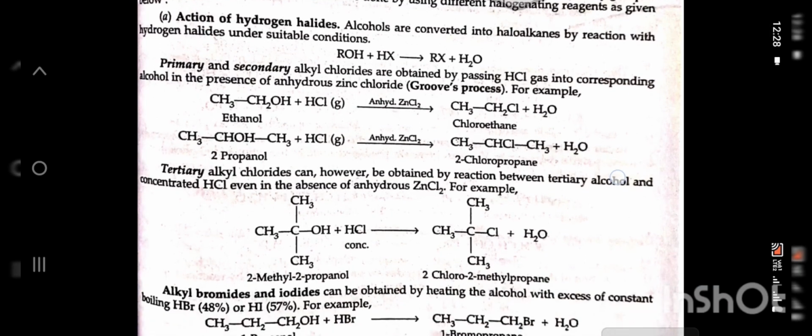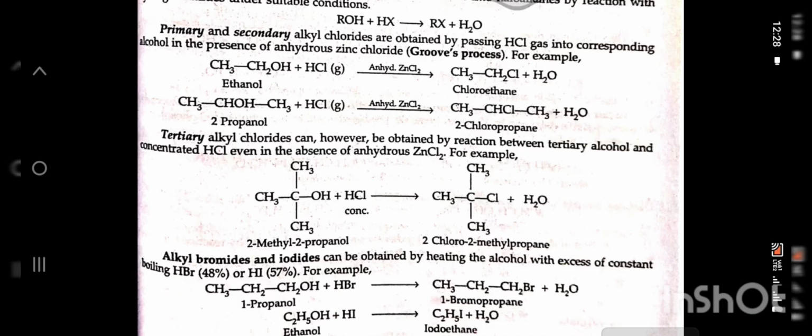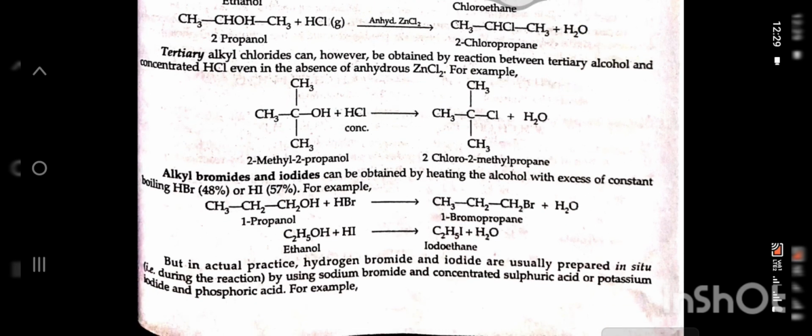Tertiary alkyl halides: tertiary alkyl chlorides can, however, be obtained by reaction between a tertiary alcohol and concentrated HCl, even in the absence of anhydrous zinc chloride. For example, 2-methyl-2-propanol in the presence of concentrated HCl gives 2-chloro-2-methyl propane.